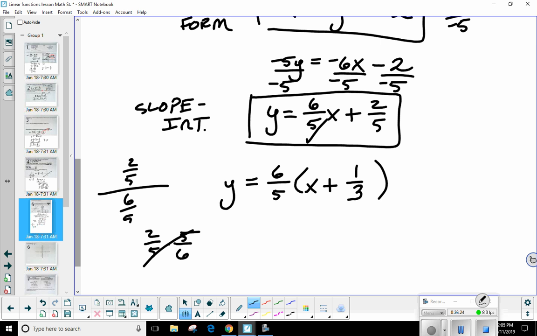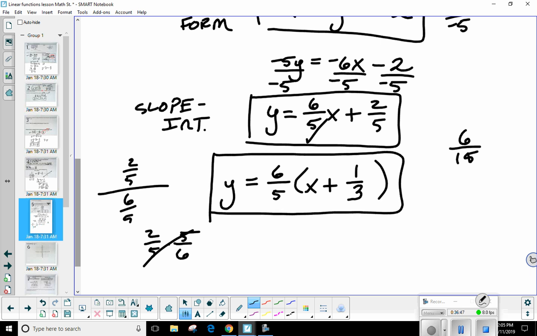And let's just double check it real fast. If I multiplied 6/5 times 1/3, 6 times 1 gives me 6. 5 times 3 will give me the 15. And what is 6/15 going to reduce to? That's going to be 2/5. Which is exactly what we had there. Now, do you notice anything? What point was actually used to create the line we have in point slope?